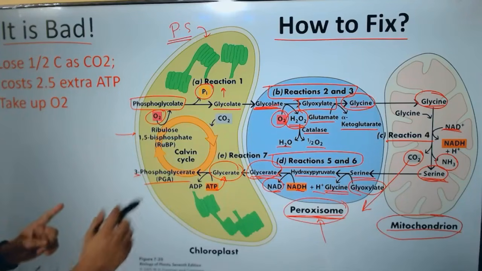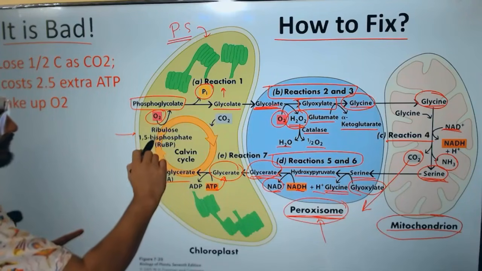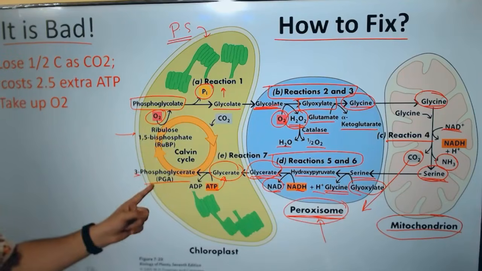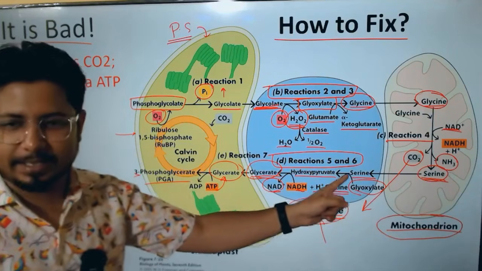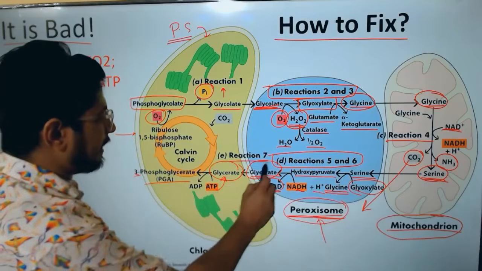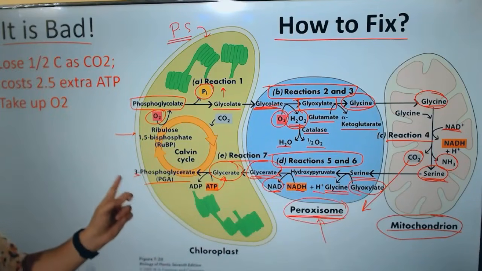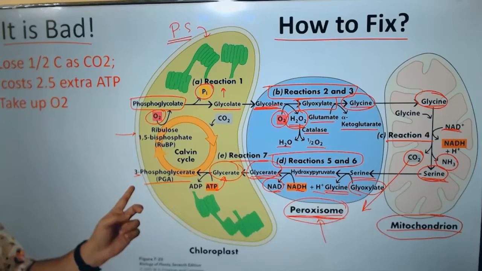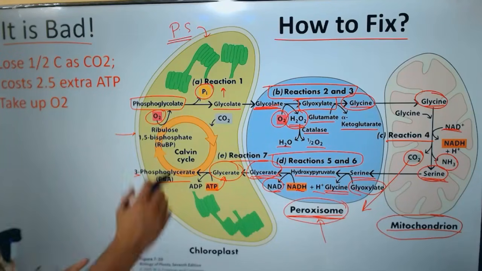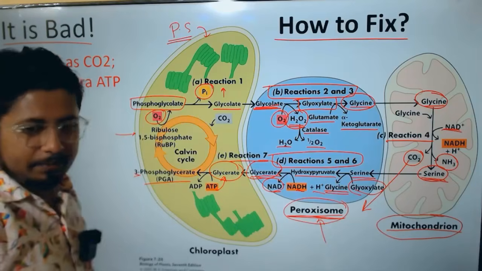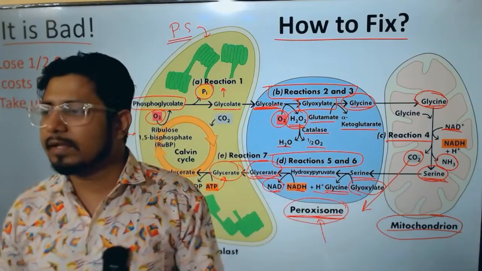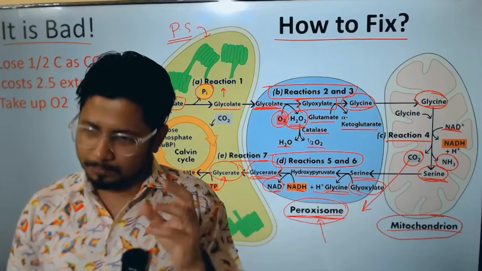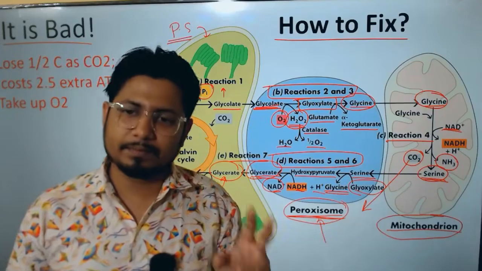So remember the single step where carbon fixation leads to the production of 3-phosphoglycerate. That single step basically requires how many steps? 6 steps, 7 steps. The 7th step was the conversion of glycerate into 3-phosphoglycerate. A one-step process would be there if CO2 is fixed by Rubisco, but a 7-step process is involved, involving the peroxisome, involving the mitochondria to produce the same 3-phosphoglycerate.